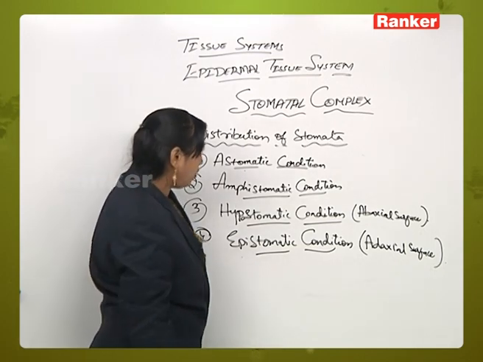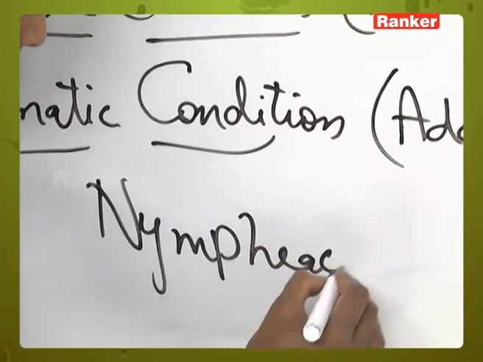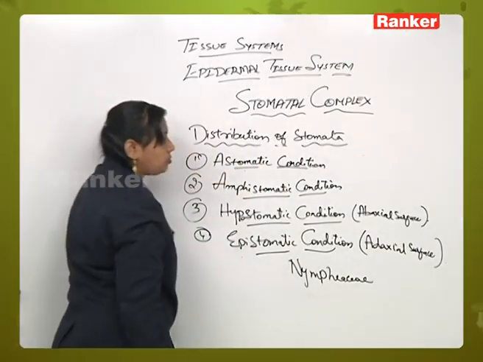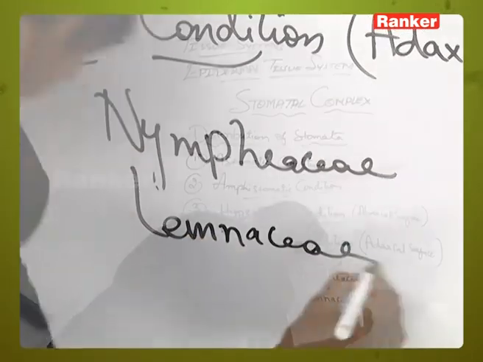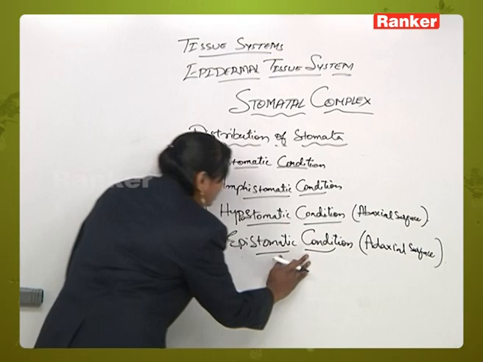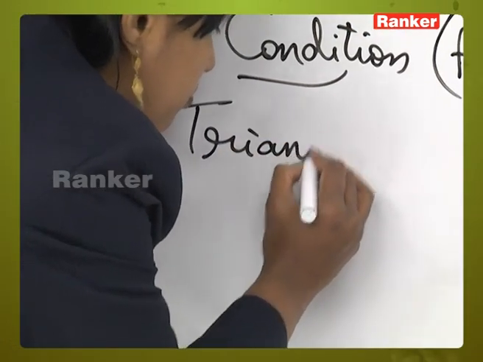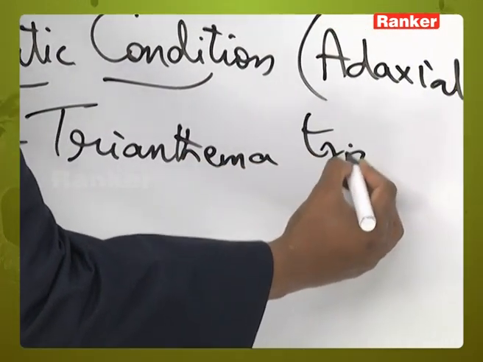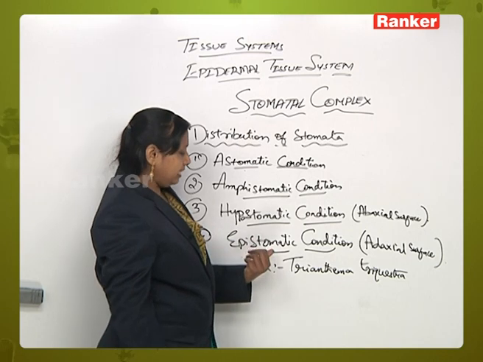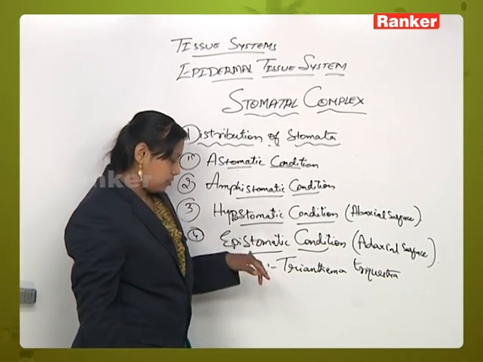This belongs to families like Nymphaeaceae and Lemnaceae. Epistomatic condition is seen where, in the upper epidermal section, we will see the presence of more stomata.